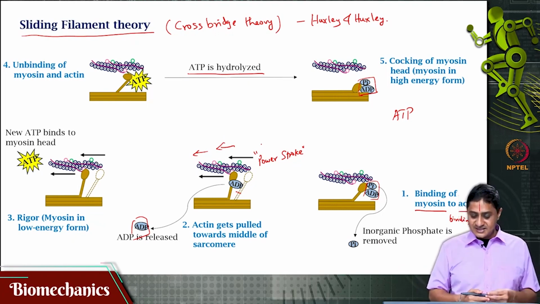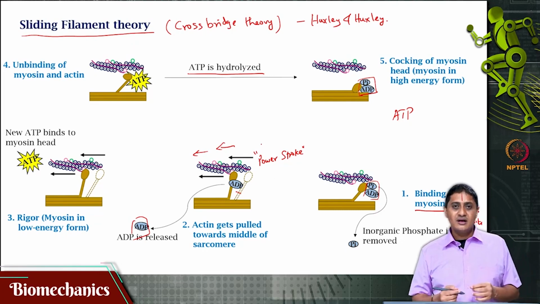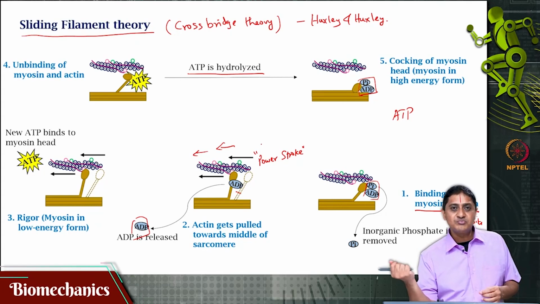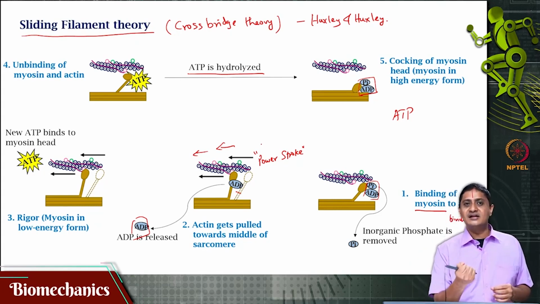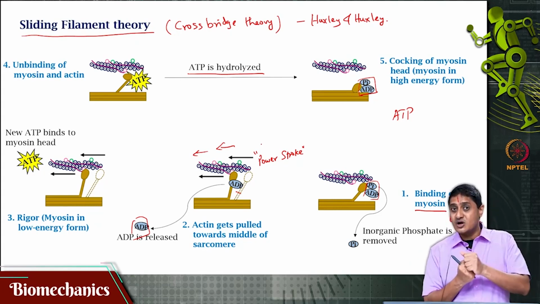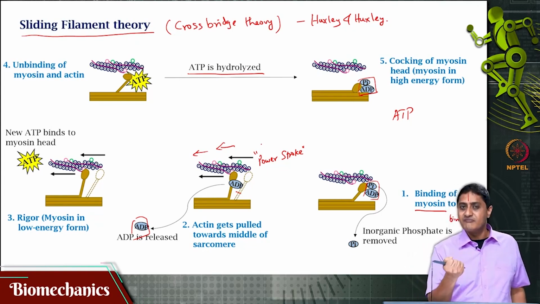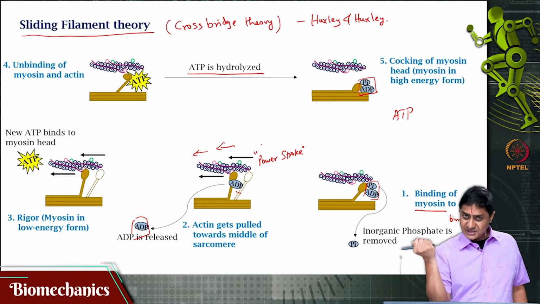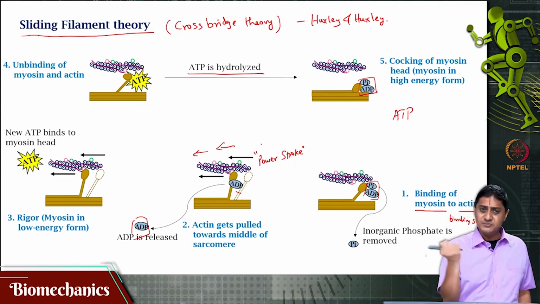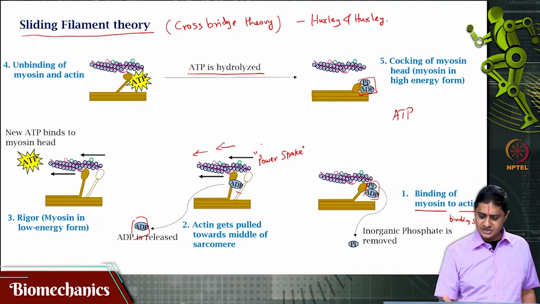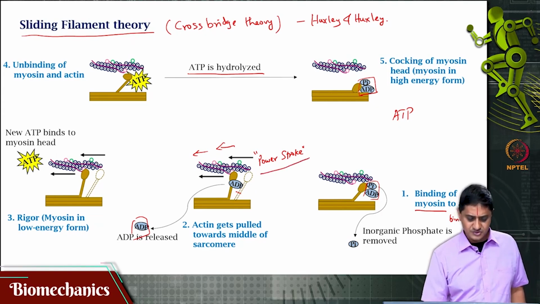So in this situation, one myosin head is attached to a binding site and is pulling the actin filament, because that attachment is so strong and because it has the energy to pull. Where is the energy coming from? From ATP, of course. That is called the power stroke.